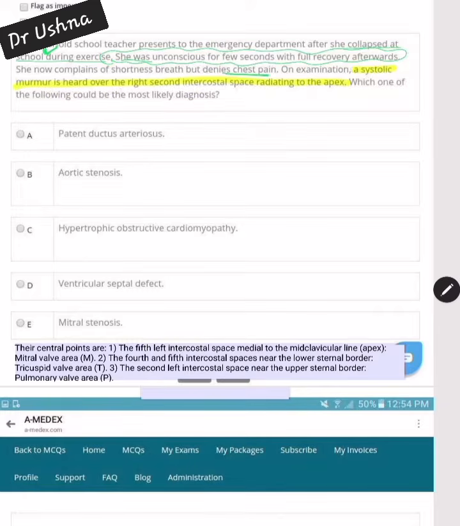There are some concepts that should be crystal clear in your mind when solving cardiovascular MCQs. Even though you don't know about the systolic murmurs or the diagnosis, if you know the location, the right second intercostal space, and which valve is present there, you can solve the MCQ by rule of exclusion.